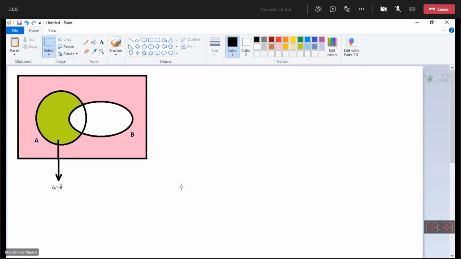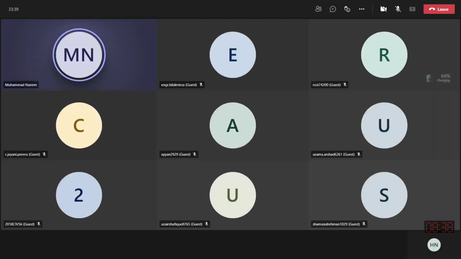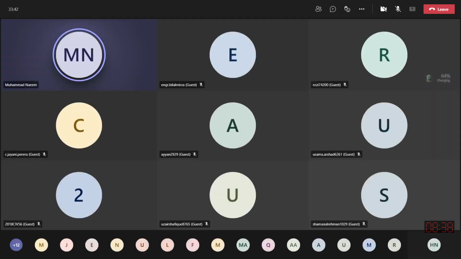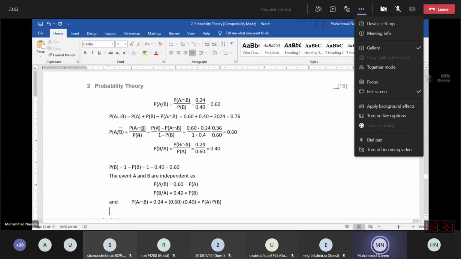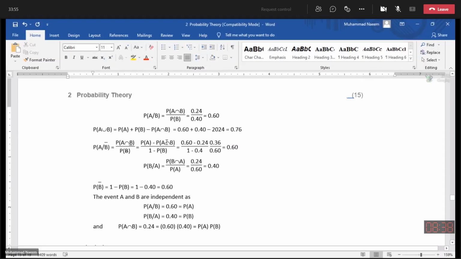This one, complete A without the intersection. This means this intersection is A minus the intersection.